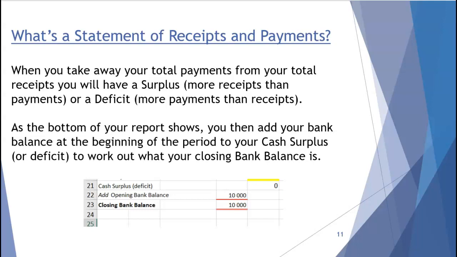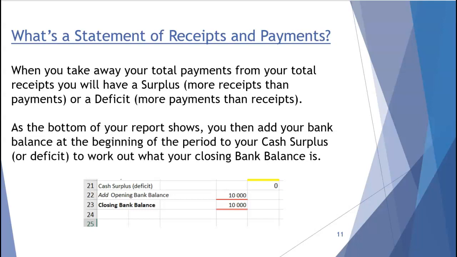As the report shows, you then add your bank balance at the beginning of the period to your cash surplus or deficit to work out your closing bank balance. So that's all the statement of receipts and payments is: totaling all your cash receipts, taking away all your cash payments, working out whether you had a surplus or deficit, and then adding or subtracting that from the bank account balance you have at the start of the period.